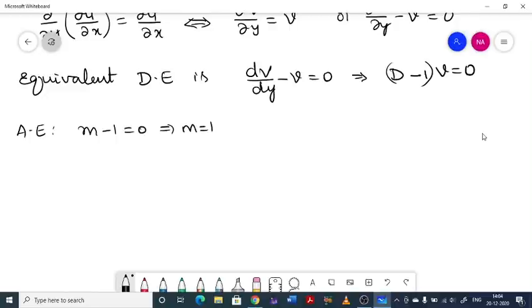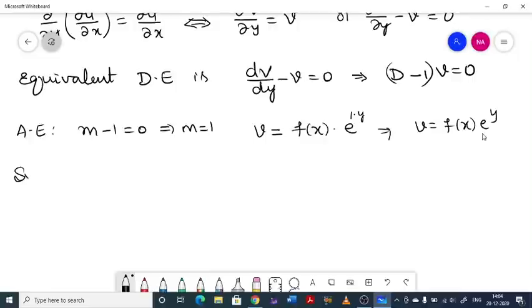So the solution is, in this case the dependent variable is V. V = constant, here since y is the variable, the constant is a function of x, f(x) e^(1·y). So I got V = f(x) e^y.